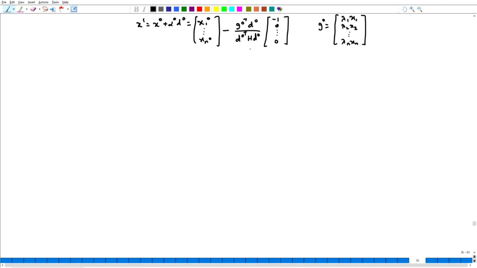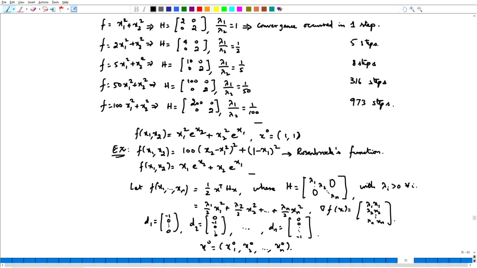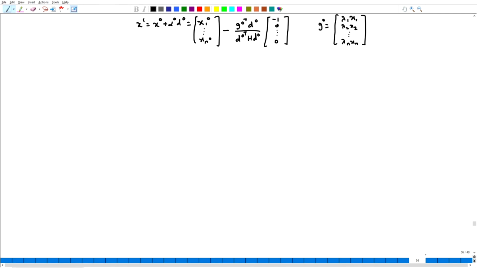You can see that it is just lambda 1, right. So, h is given here, right. So, you just multiply d 1 transpose and d 1 here, you will just get lambda 1, right. So, the denominator is lambda 1 and the numerator is minus lambda 1 x 1 0.